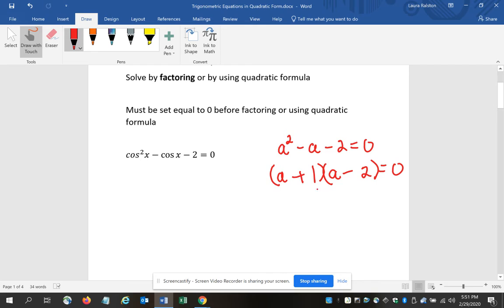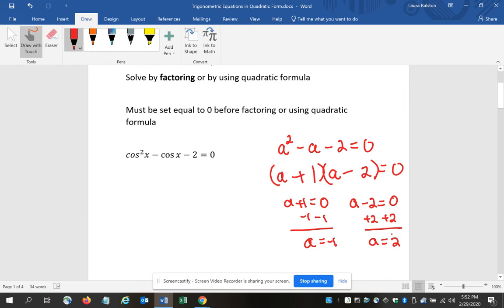And then we know that one of those pieces had to be 0 to start with. So we say a plus 1 is equal to 0, a minus 2 is equal to 0, and then we solve each of those respectively for a. So we'd have a is negative 1 or a is positive 2.